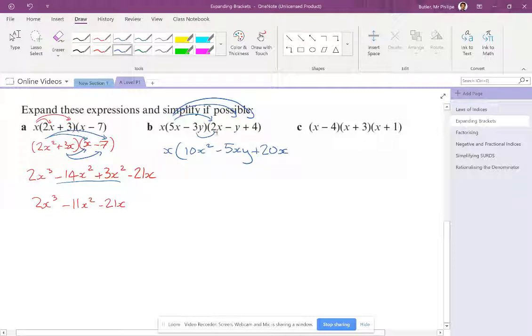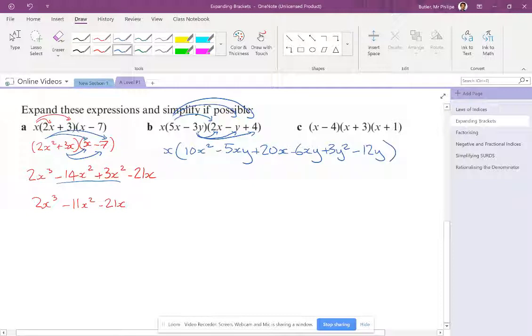Minus 3y times 2x is minus 6xy. Minus 3y times minus y is plus 3y squared. Minus 3y times 4 is minus 12y. And then close the bracket.